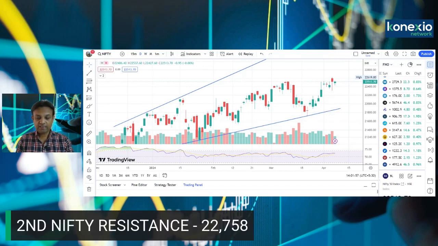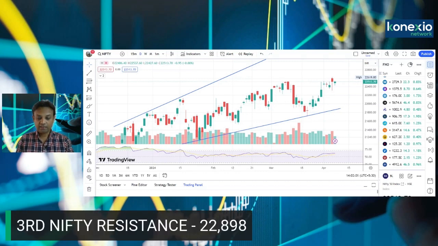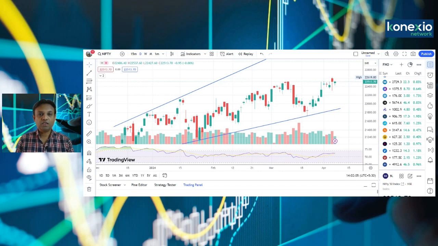If it breaks, then the next resistance is around 22,758, and the third resistance is around 22,898. These are the crucial support and resistance levels. Traders should watch out for these levels. I would suggest buy on supports and sell or book profits on resistance, or buy on dips should be the strategy for the next week. But looking at this inside day candle, I feel that a cool off cannot be ruled out.